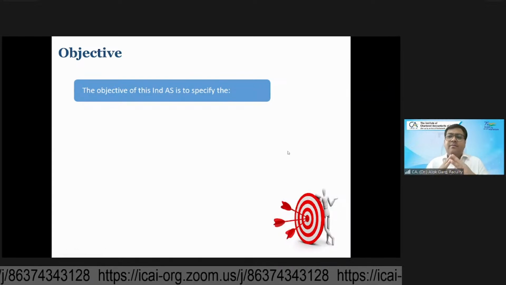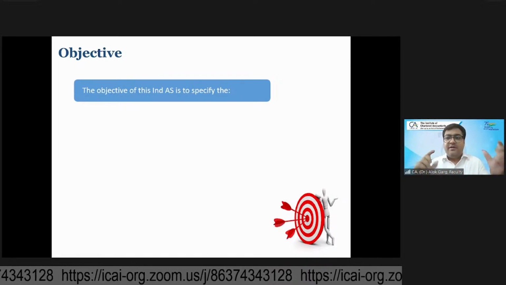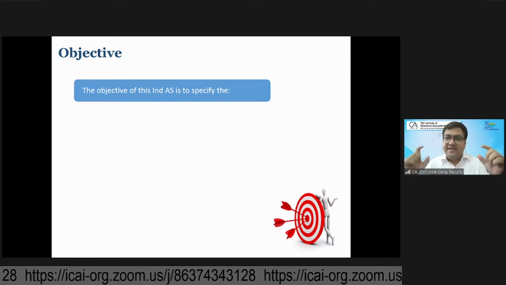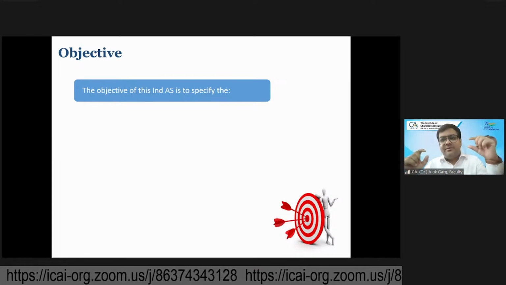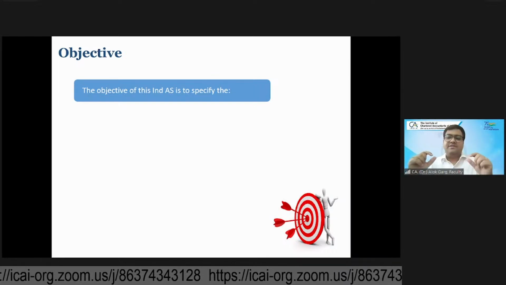So, friends, the basic differentiation between inventory and non-current asset held for sale is this: inventory is an asset held for sale in the ordinary course of business.